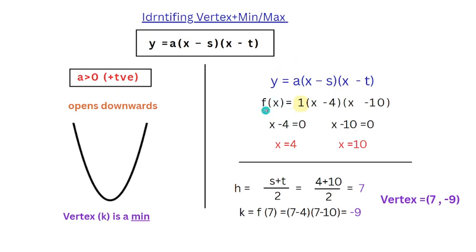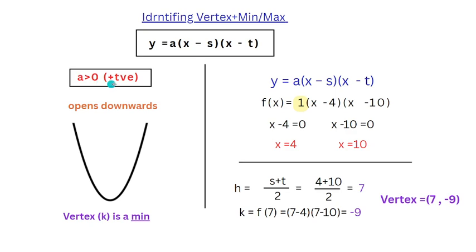First, when we take an example like this, if there is no number here, so a equals 1. y equals parentheses x minus 4 parentheses x minus 10, and there is no number here, so a is 1.